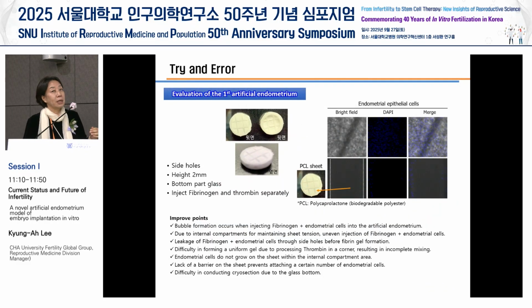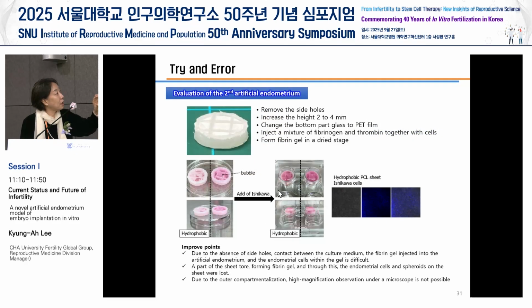It wasn't easy, as I said. There was a lot of trial and error using different structures and different components. At first we had glass to see the development, but glass is difficult for cryosectioning after the culture. So we changed the glass bottom, the height and the sectors.